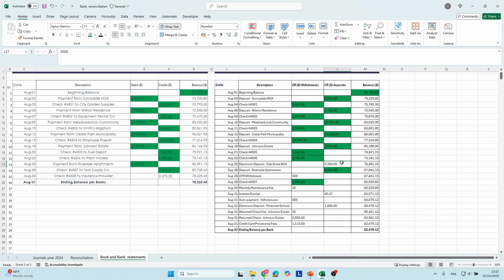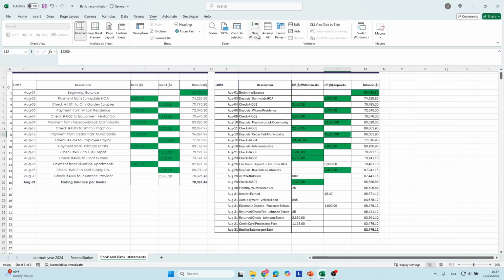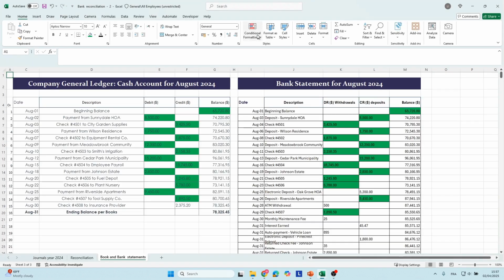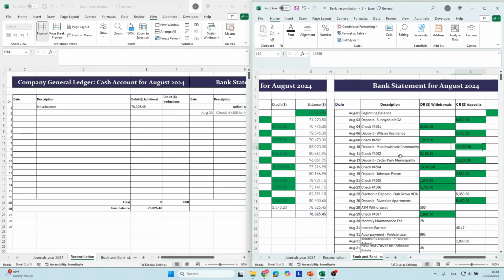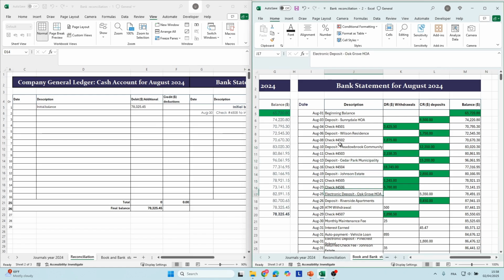So we need to bring all these transactions. So we'll bring this first amount. To make it easier, I will create a new sheet. To make it easier for reconciliation, I put both of them side by side, so it's easier to track.